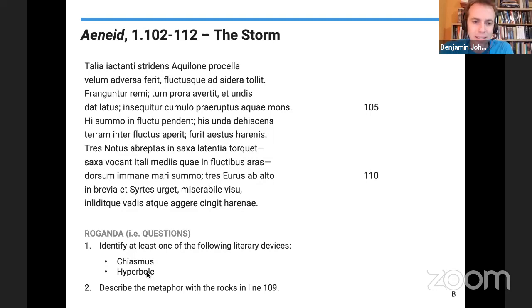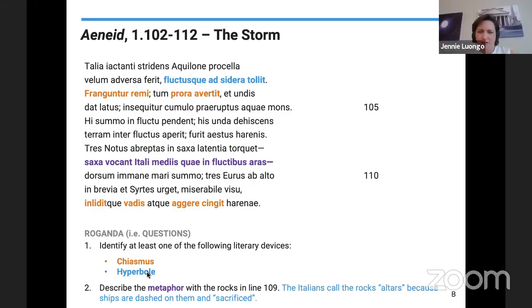And also, there's a metaphor with the rocks in line 109. Metaphor can be tough to look at, but there's a metaphor here, and I want you to think about that. Looking for these chiasmuses and hyperboles can be a little tough, but these kids are quick.